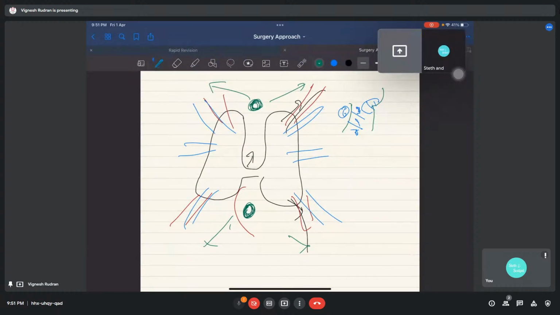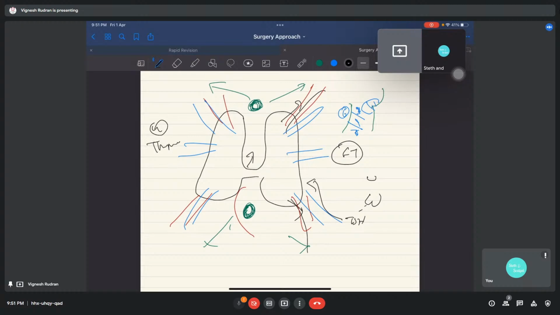And then functions of thyroid. Thyroid is controlled by the hypothalamus and pituitary. So from here you have TSH. TSH will go act on this. You have 4 steps for thyroxine production: iodine trapping, then iodide to iodine, and then it combines with thyroglobulin to form monoiodothyronine and diiodothyronine.